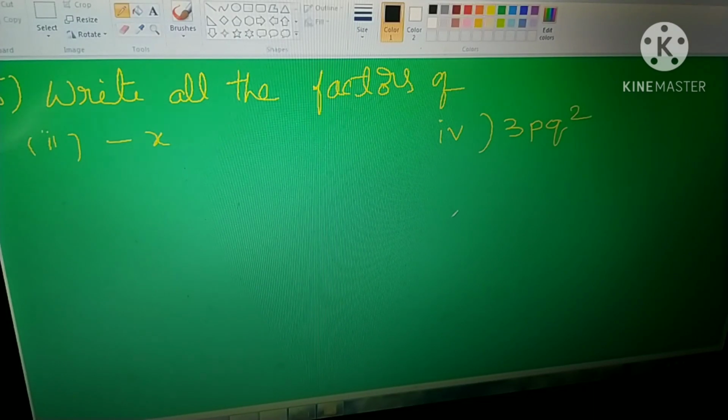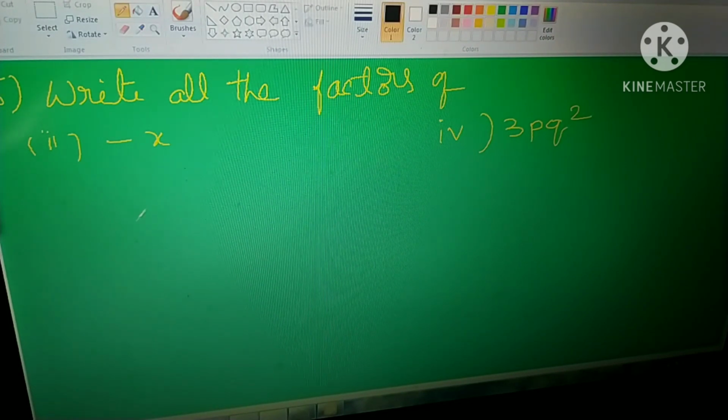Now see the next one. Write all the factors of the given monomials. In the previous problem they only asked for the numerical coefficient and literal coefficient. Here we have to mention all the factors of the given monomials. See, first one, write all the factors of minus x.